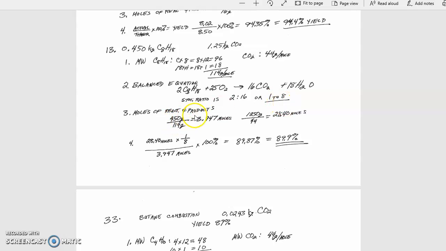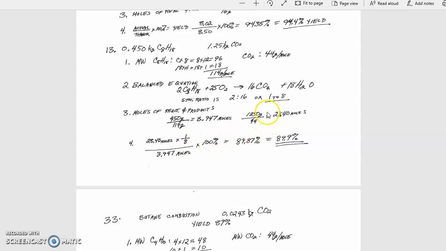So, how many moles do you have of each one of the reactants and products? You have 450 grams here, divided by 114 grams. That's 3.947 moles. Here you've got 1,250 grams divided by 44 to give you 28.4 moles.